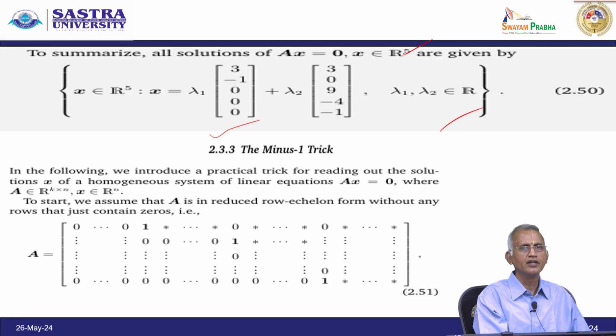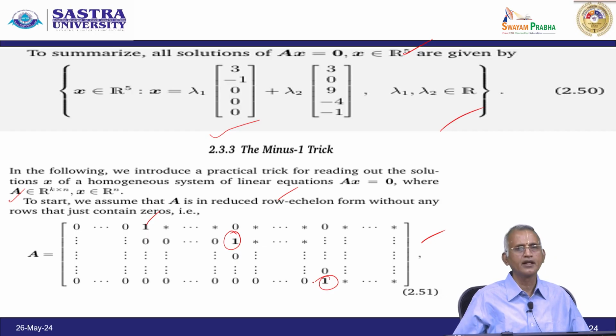In the following, we introduce a practical trick of reading out the solutions x of the homogeneous system of linear equations Ax equal to 0, where A belongs to R to the power k cross n, and x belongs to R to the power n. To start, we assume that A is in reduced row echelon form without any rows that just contain zeros. In the second row we have a pivot 1 introduced here, and so on for the last one.